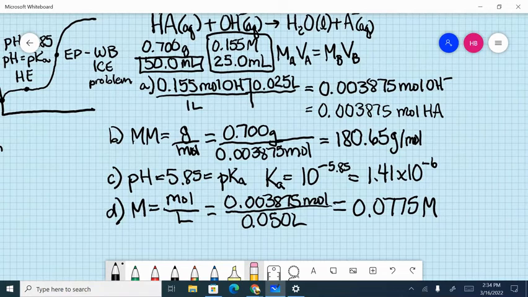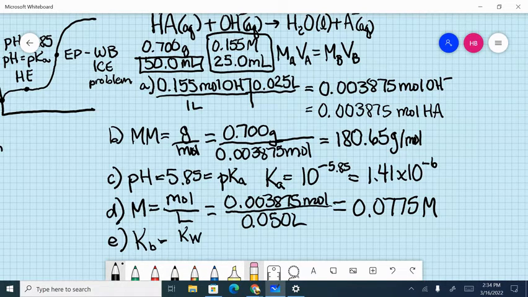Now let's go on to E. E is, what is the pH of the solution at the equivalence point? Remember, we talked about the fact that that is a weak base ICE problem. So we have to first figure out what Kb is. Remember, Kb times Ka is always equal to Kw.